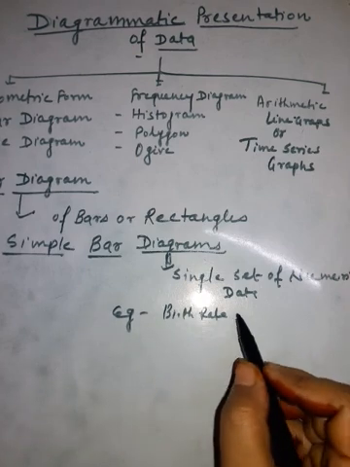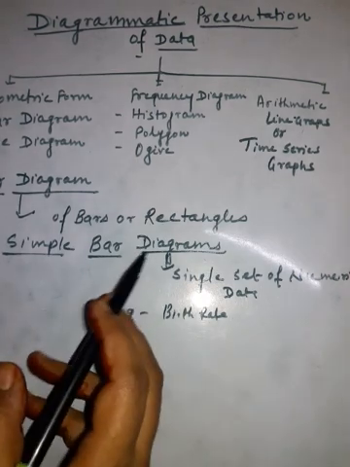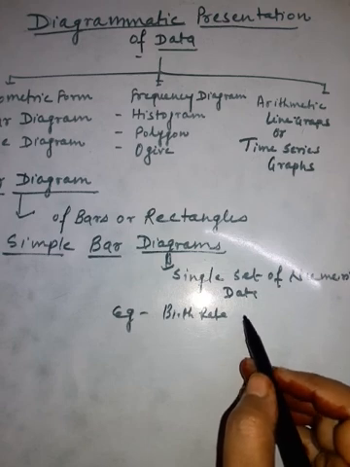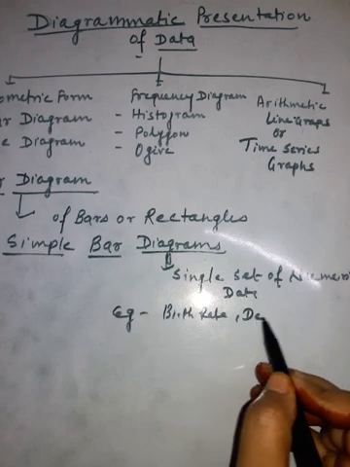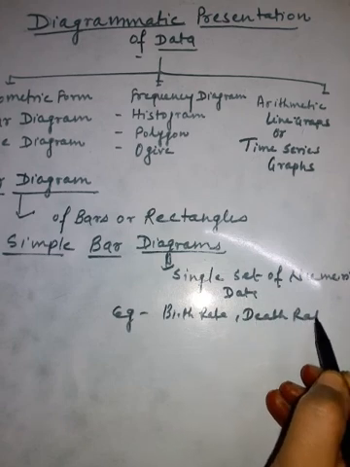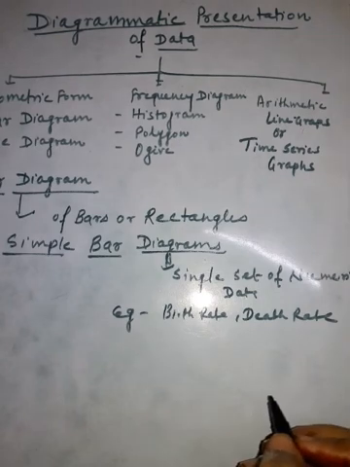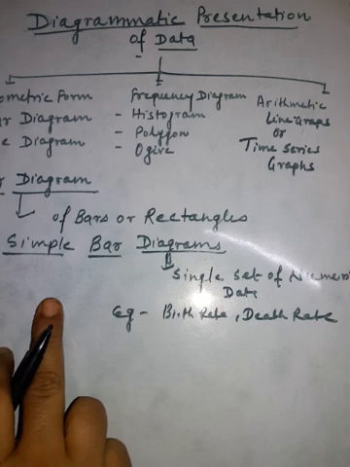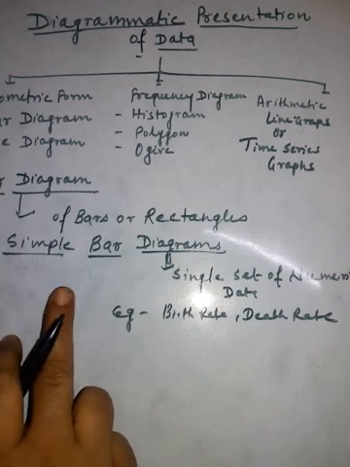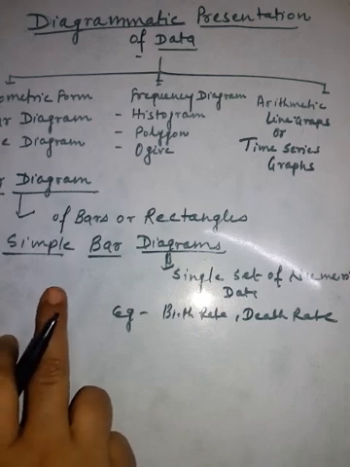These data can be presented in simple bar diagram. Birth rate, death rate, and production level of commodity are generally presented in the form of simple bar diagram. These bar diagrams present only a single set of numerical data.